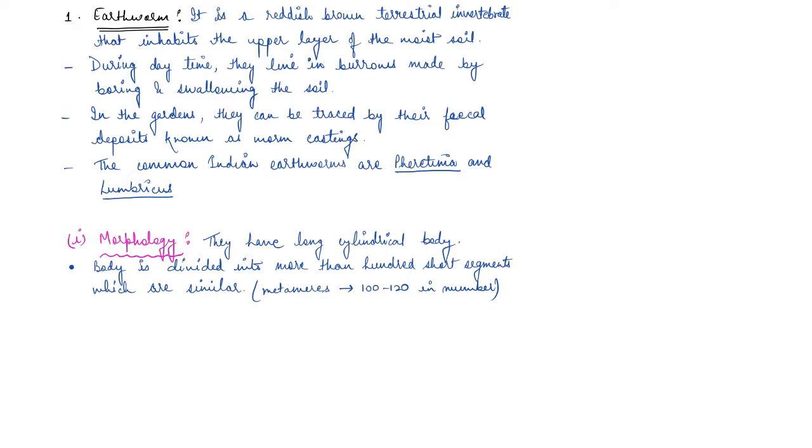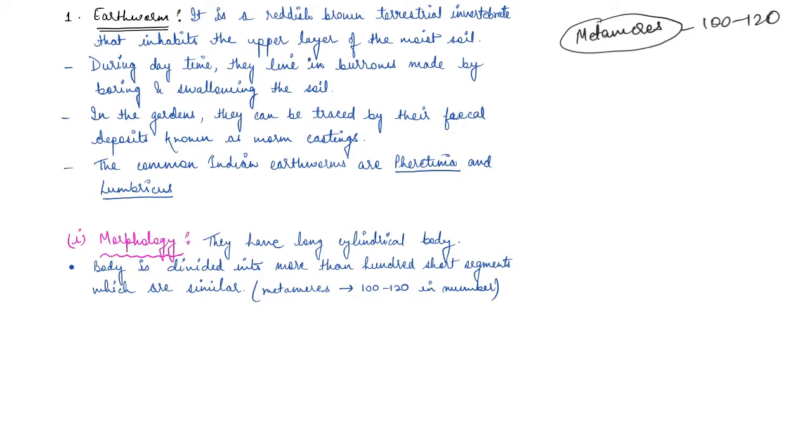Their body is highly segmented. So in the case of earthworm as well, the body is divided into more than a hundred short segments, and these segments are known as metameres. These metameres are around 100 to 120 in the case of earthworm.